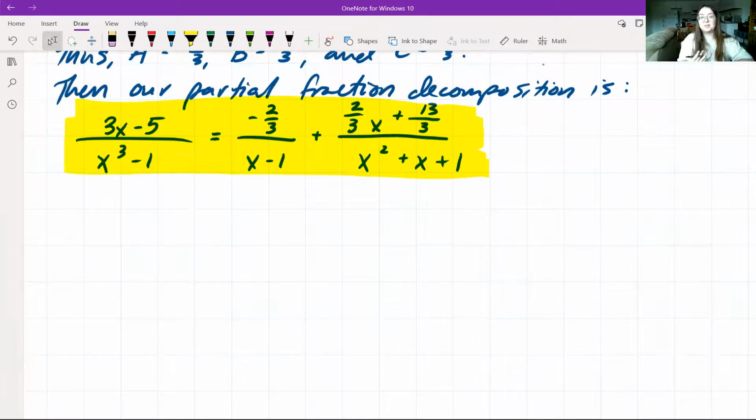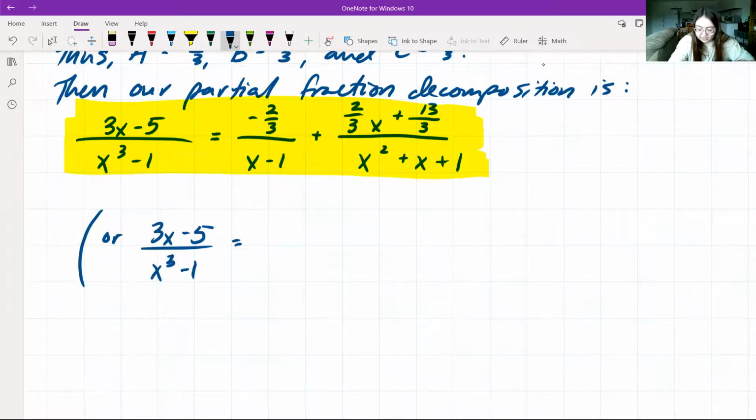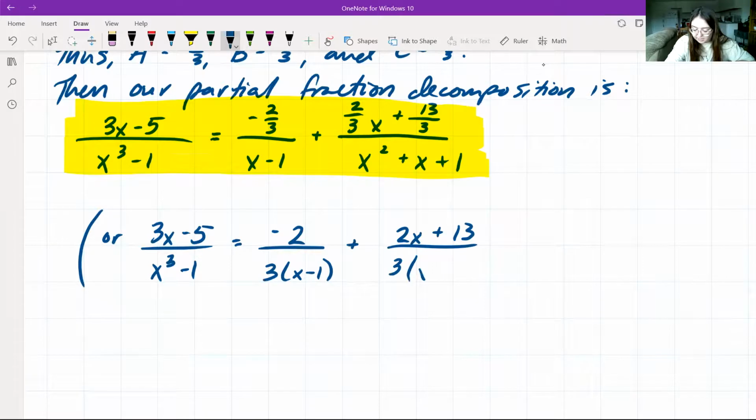If having fractions within fractions ends up bothering you a lot, you can also factor that out. So you can say 3x minus 5 divided by x cubed minus 1 is equal to negative 2 over 3 times x minus 1 plus also 2x plus 13 over 3 times x squared plus x plus 1.